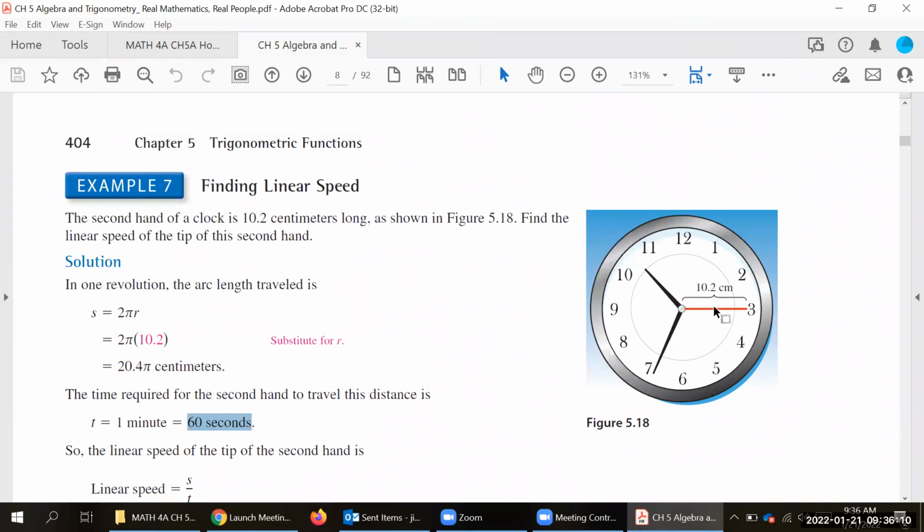I can ask what's the linear speed of the hour hand, what's the linear speed of the minute hand in units, and I tell you what the units are. You can always ask for the angular speed. What's the angular speed of the minute hand? I always have to state in degrees per minute or radians per minute.